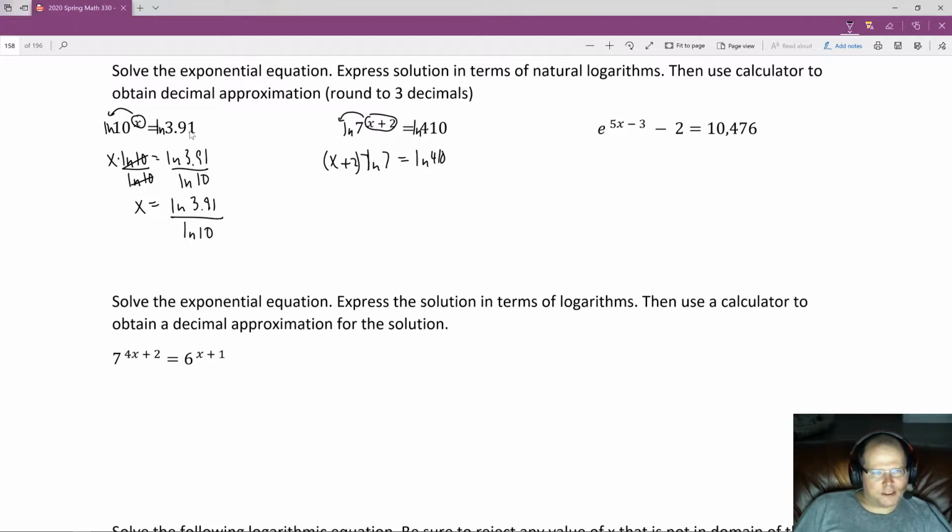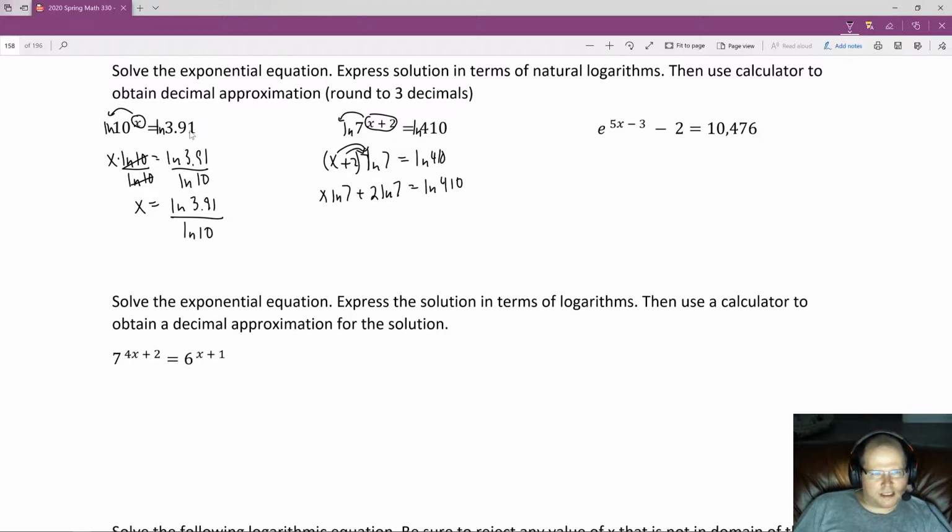Next, I'm going to distribute this x and the 2 to the natural log of 7. So what I'll end up with is x natural log of 7 plus 2 natural log of 7, which is equal to the natural log of 410.